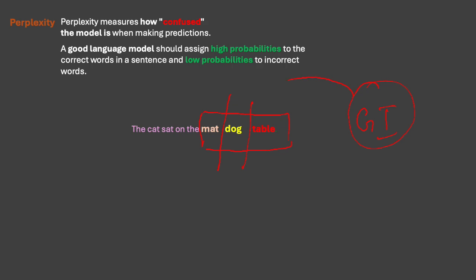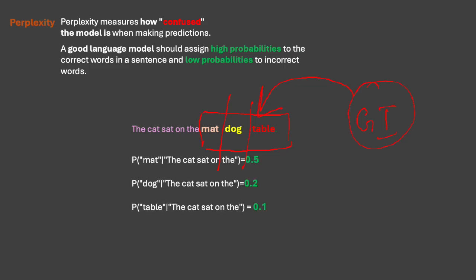This model will decide what the next word after "the cat sat on the" should be: mat, dog, or table. The probability distribution for this is, for mat I have 0.5, for dog I have 0.2, for table I have 0.1. So the correct word here is mat, and for the correct word it has assigned high probability. This is what perplexity tells you.